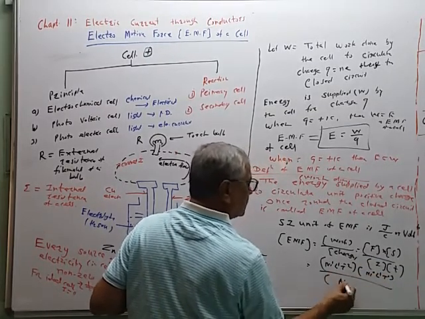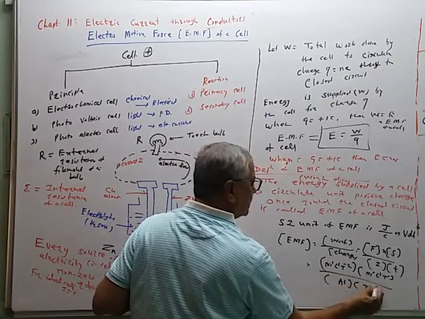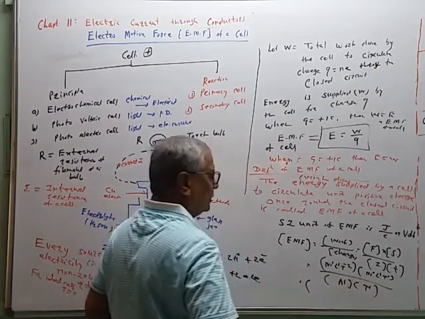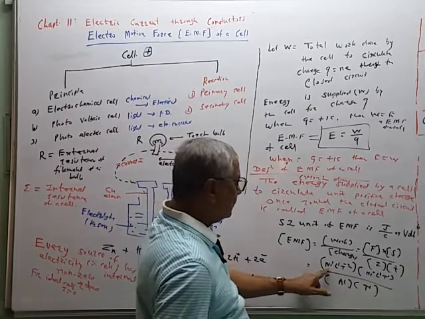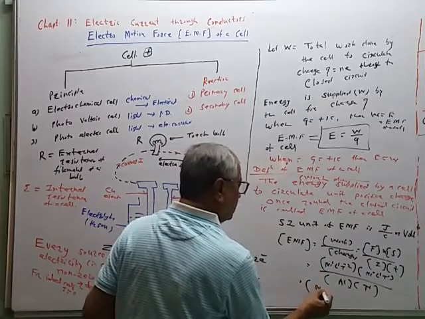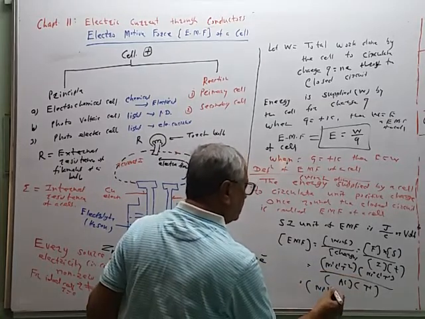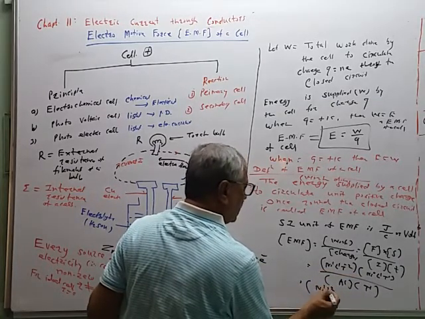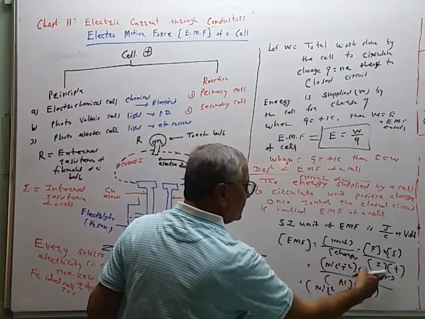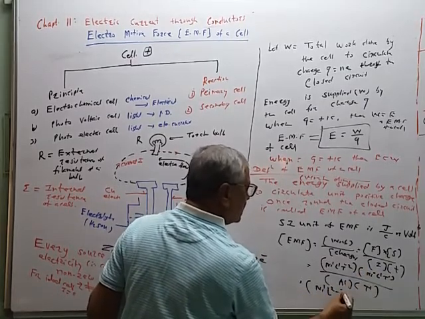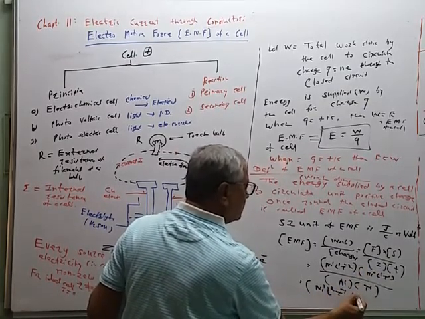Current is ampere raised to 1 and time is T raised to 1. So M is only here, so M raised to 1. This L will become L squared. So M1 L squared, then T raised to 0 and T raised to 1 gives T raised to minus 1, and ampere raised to minus 1.